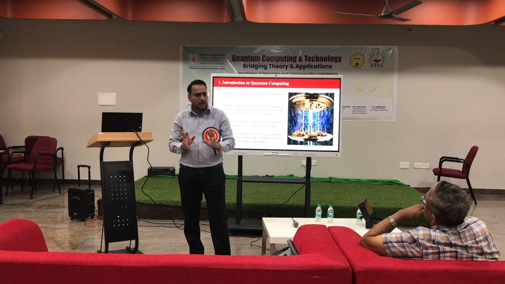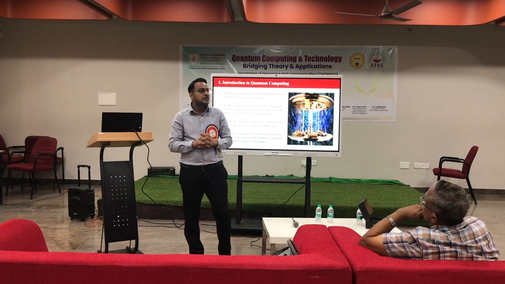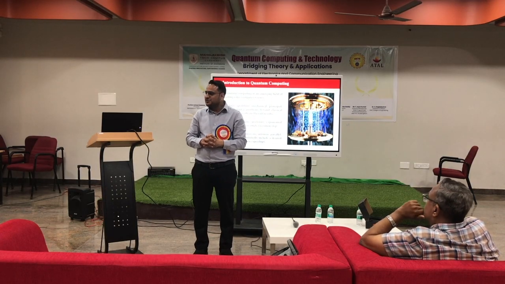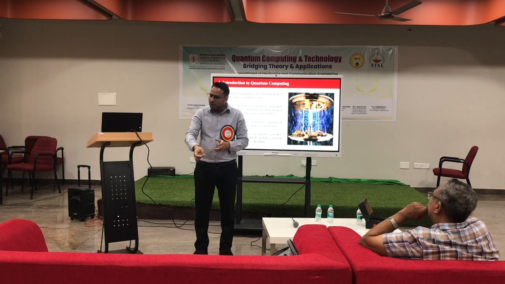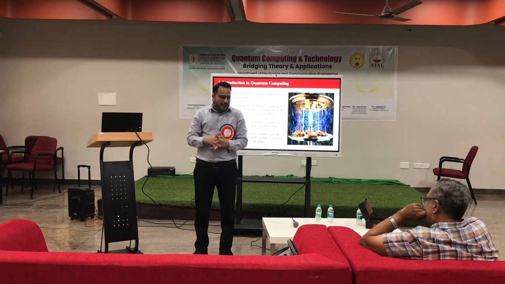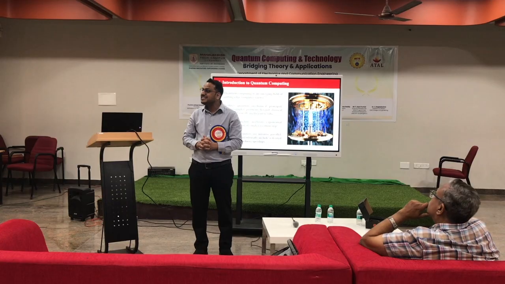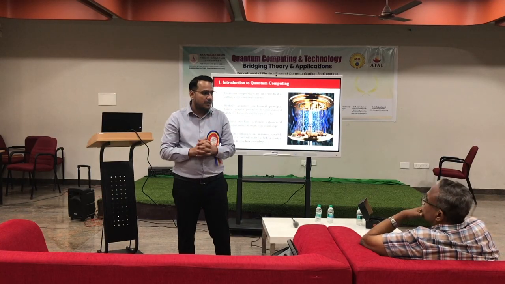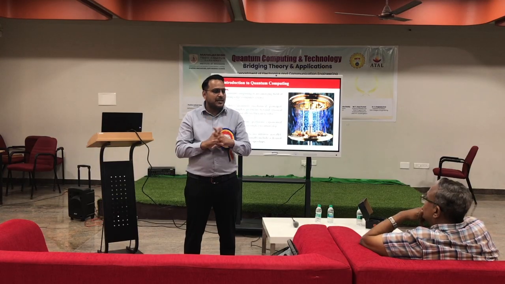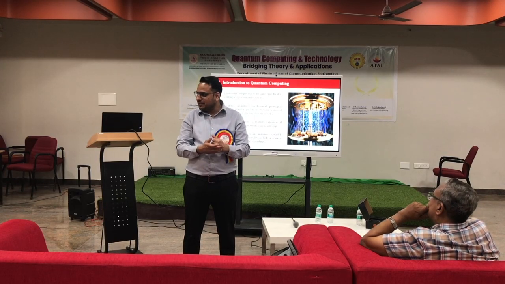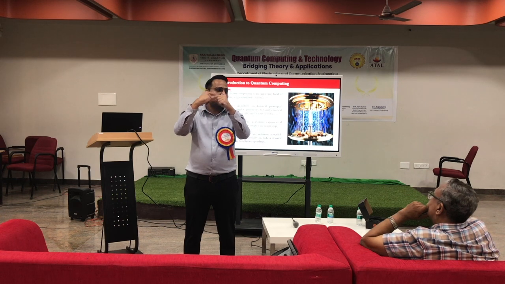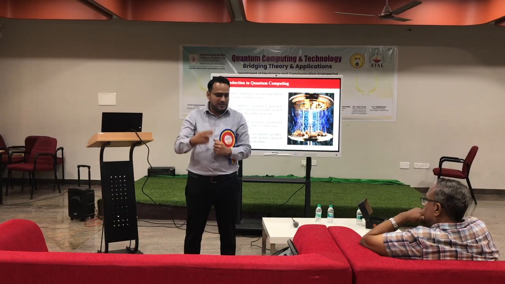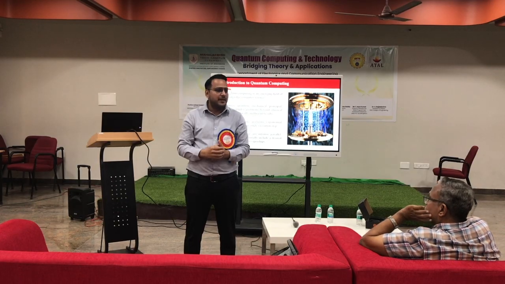But nobody thought in the earlier days, like the 1970s I was talking about, that when the coin is in its flipping state, it always remains in a simultaneous superposition of head and tail. What does it mean? Simultaneous superposition means it is a linear combination of head and tail occurring simultaneously while the coin is flipping.